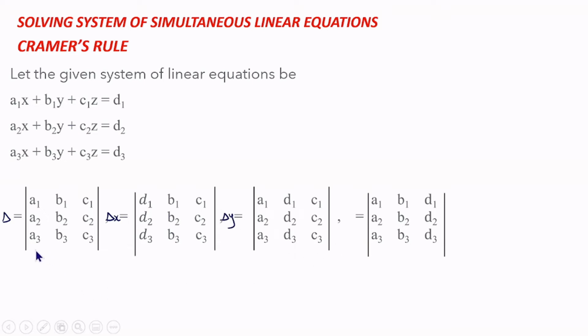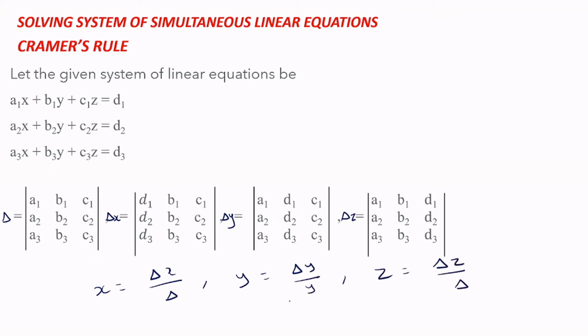And if we remove the coefficients of z terms and replace them with the constant terms d1, d2, d3, we have delta z. Now we can find the value of x as delta x by delta, y as delta y by delta, and z as delta z by delta.